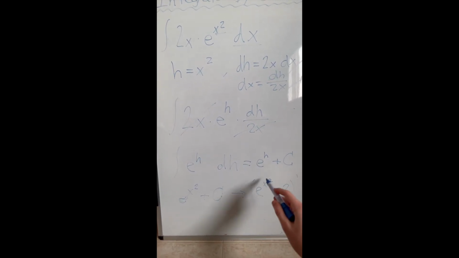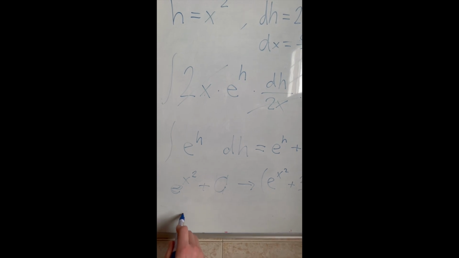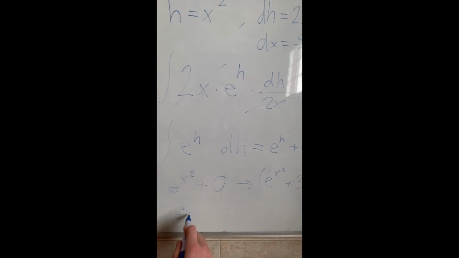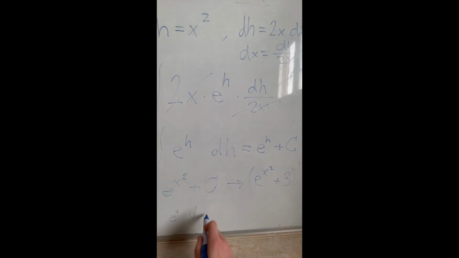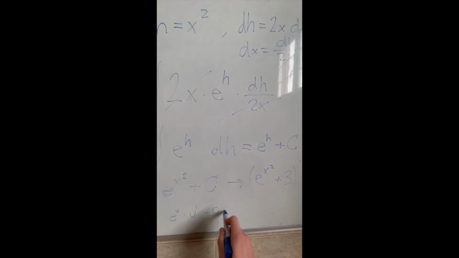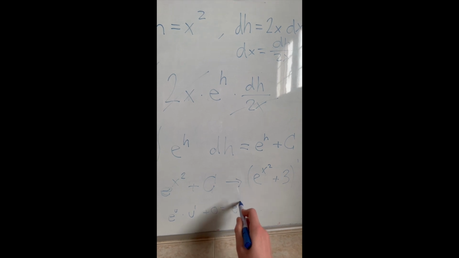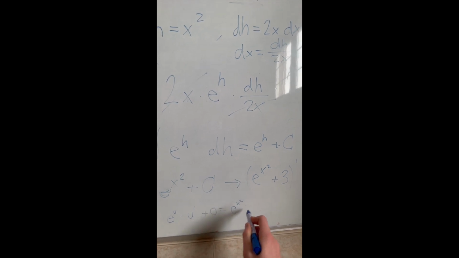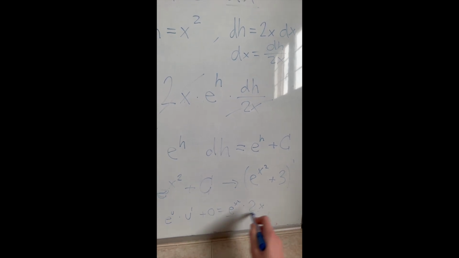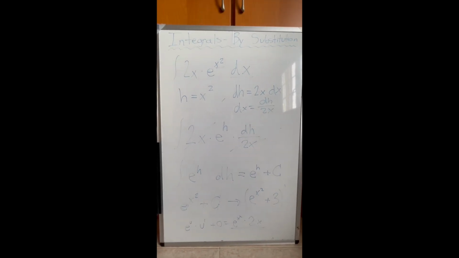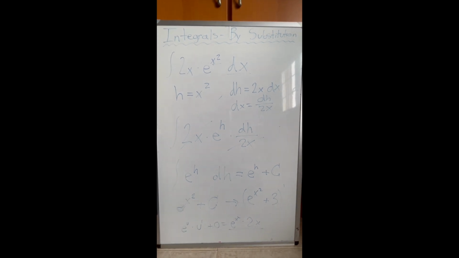This is not a variable, this is a function. So e to the power of u times u prime, and then our 3 is cancelled, so plus 0. And this is equal to e to the power of u, which is x squared, times u prime, which is 2x. So yes, the substitution method works, and we have proven so.